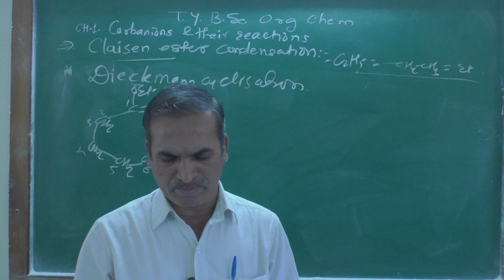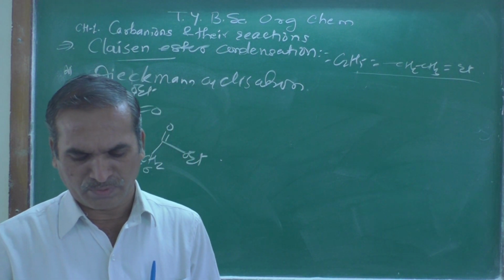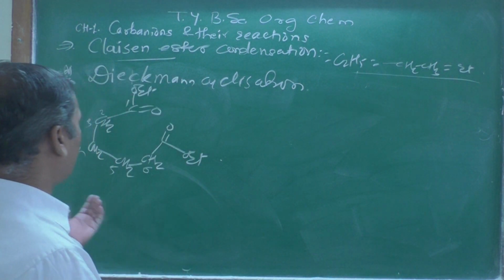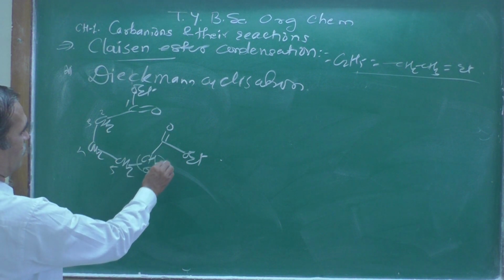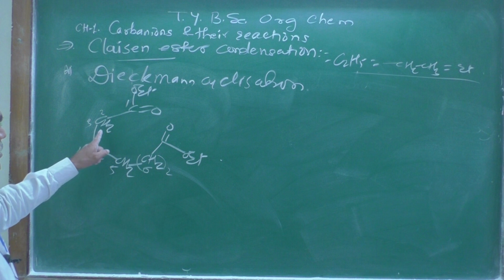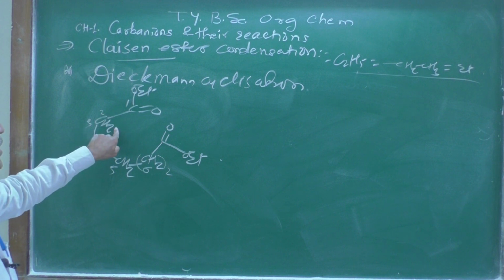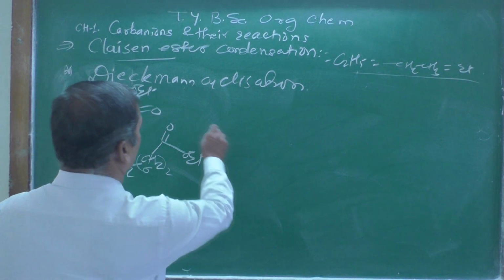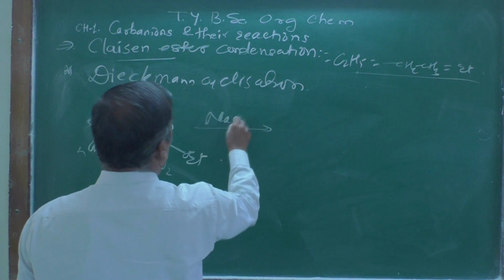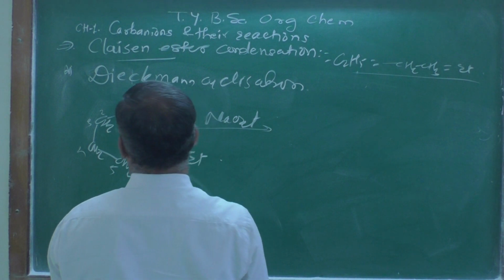So for this type of compound, n number of carbons if you give over here, then the carbanion can form either on this side or this side, and then that will be treated with sodium ethoxide, NaOEt, and what is going to happen?